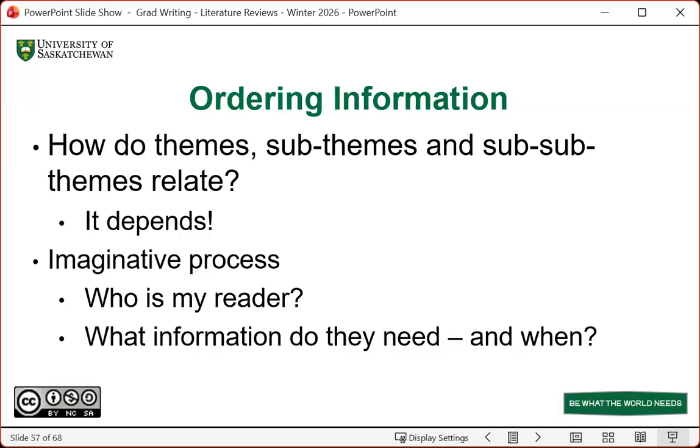Well, it kind of depends, right? This sort of links back to that earlier synthesis exercise where we saw that we had different approaches for organizing that information. And that's okay, right? This is reflecting how you as a researcher think about information.